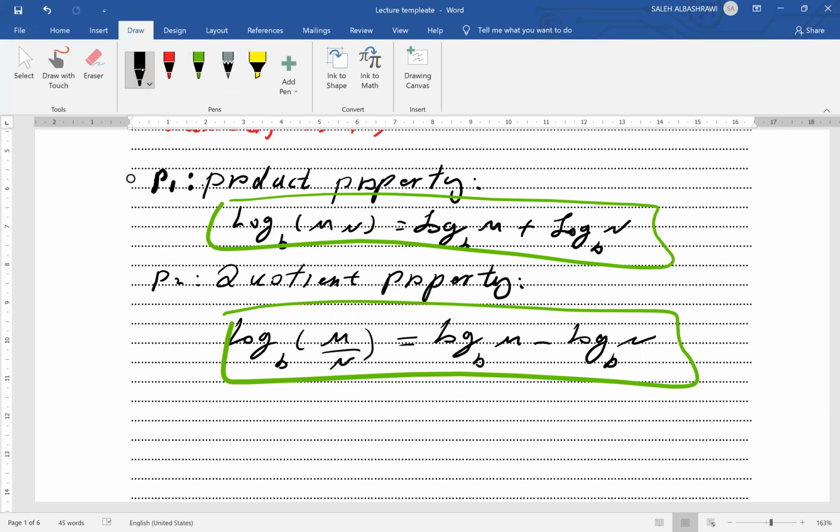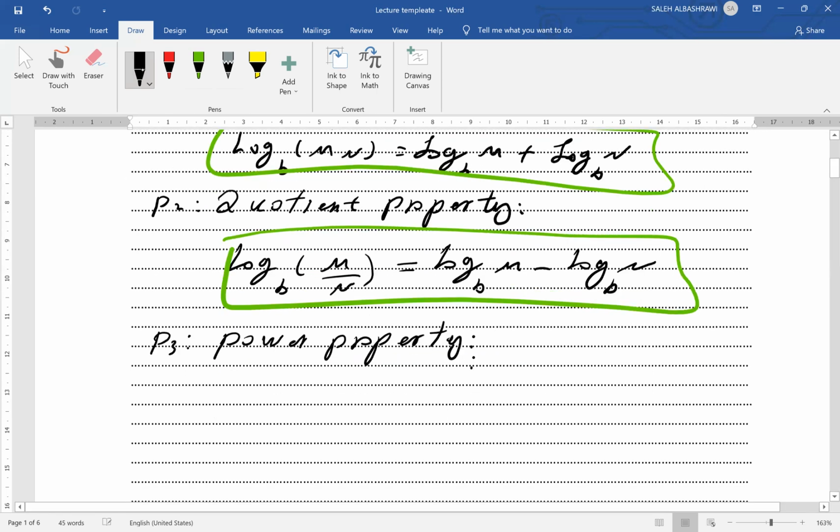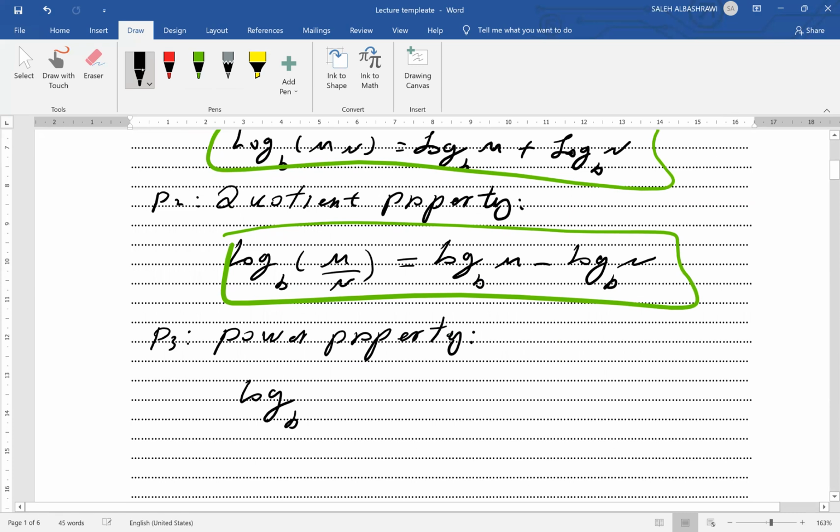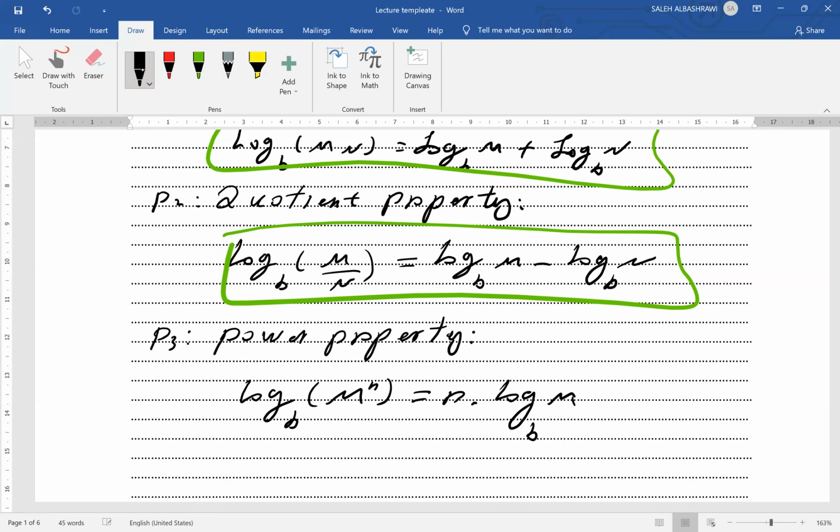Third one, the power property, b3. It just states that logarithm base b of m to power n can be written as n multiplied by logarithm of m with base b.